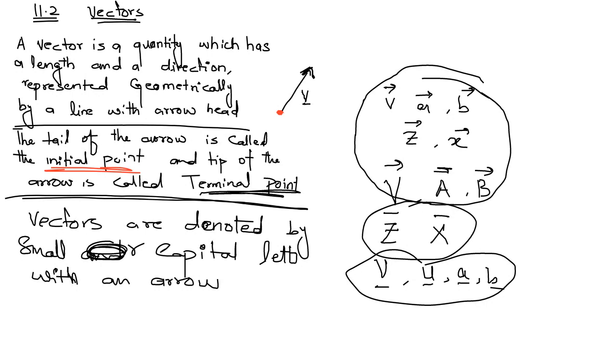Now come towards the properties of the vectors. How many properties or types of the vectors can you find?